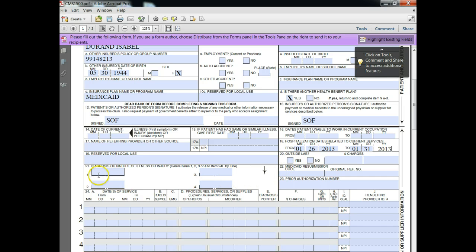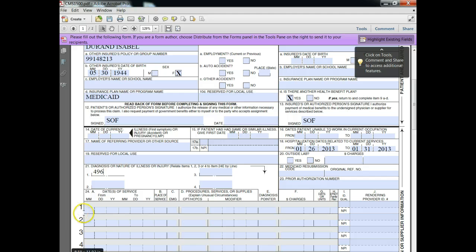Then her principal diagnosis is 496, which is chronic obstructive pulmonary disease, not otherwise specified, 496.